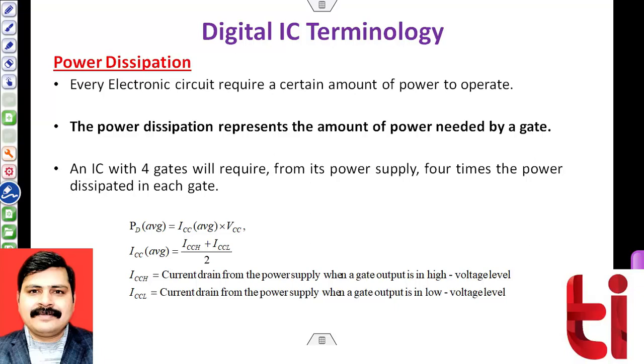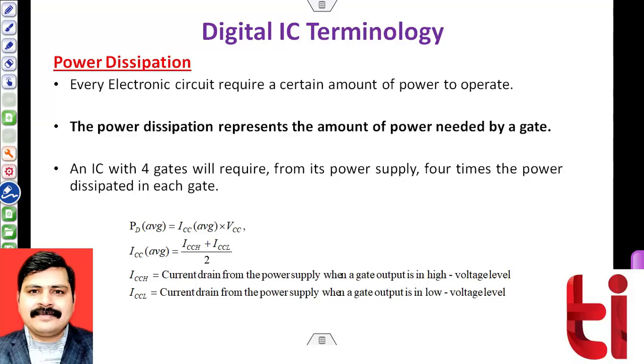So what is the meaning of these two? You can just read the statements. ICCH is the current drain from the power supply when the gate output is at high voltage level. Similarly, ICCL is the current drain from the power supply when the gate output is at low voltage level. The interesting part is that these two currents will not be the same.